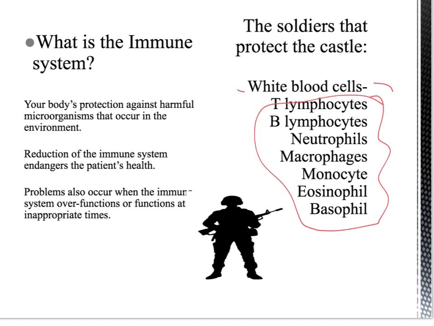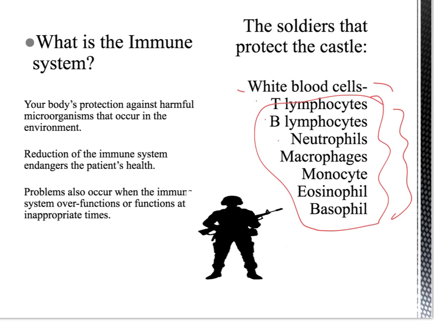Collectively, we have a number of white blood cells, and you can then differentiate that number into how many of the white blood cells are T lymphocytes, how many are B lymphocytes, how many are neutrophils, and so on. These are all types of white blood cells, and they're specialized. Again, they're kind of even further specialized special forces that we have. Each one has its own little job, and we'll talk about that as we go throughout this presentation.